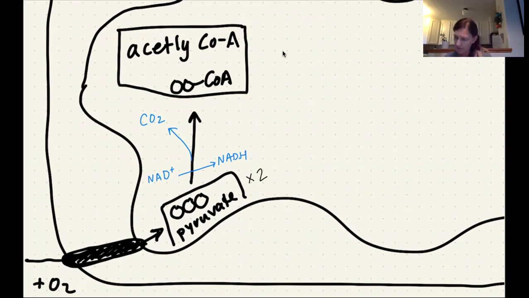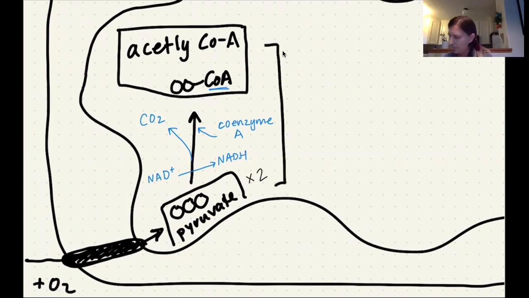The other odd thing that we have to put into this reaction is called coenzyme A, right? And that's where we get this CoA being added to the acetyl-CoA. So that process there that I just drew out is called pyruvate oxidation.